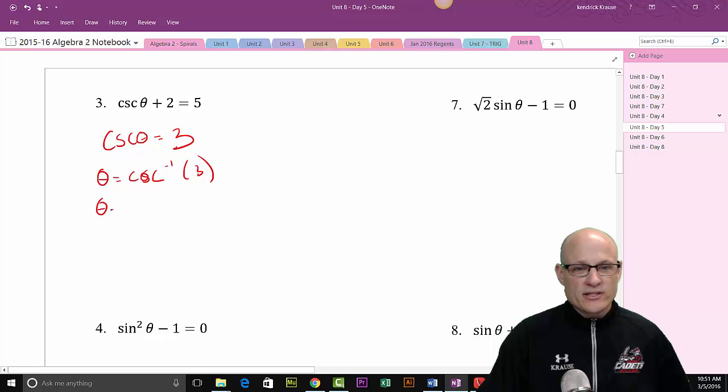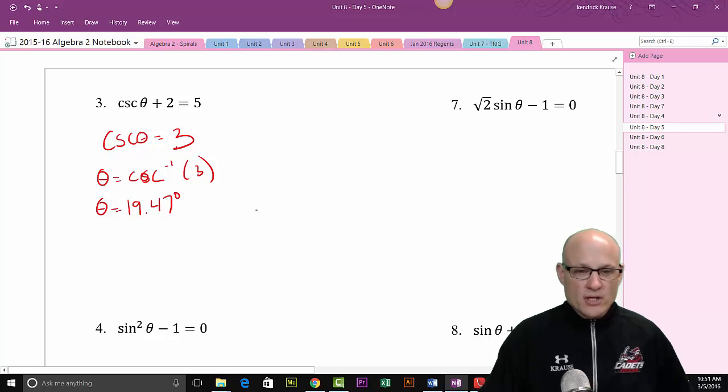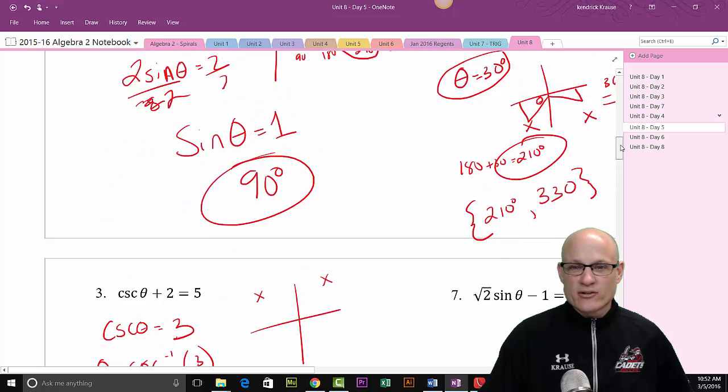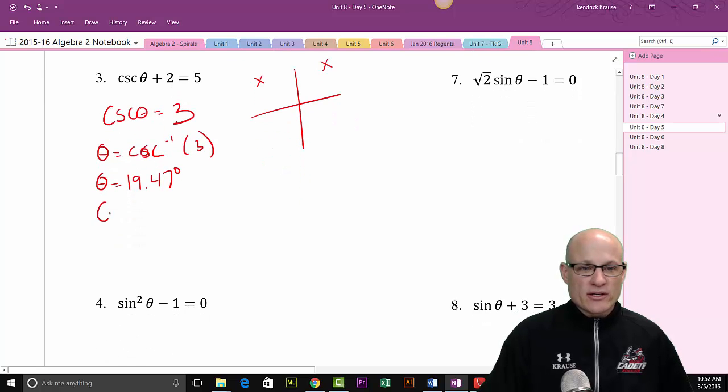So theta is equal to 19.47 degrees. Okay, but this is really where sine is positive, and sine is positive in the first and the second quadrant. What does it say rounded to the nearest what? Nearest degree. So my nearest degree in this case would be 19 degrees.